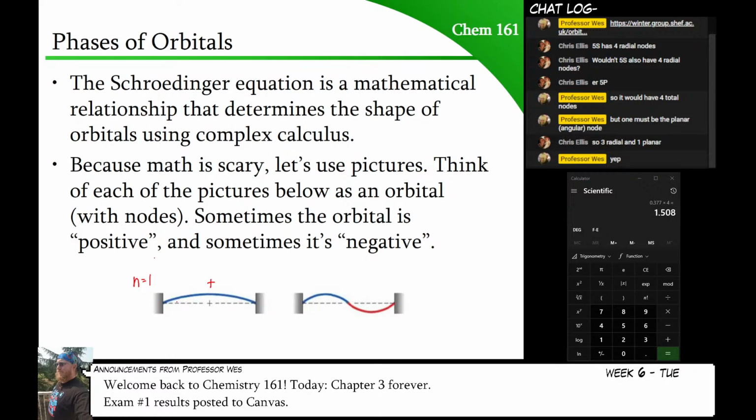But if I waited for a later instant, I could say, oh, okay, well, everything is negative, right? So it depends. It's arbitrary. I could rotate the whole thing 180 degrees. Now it's negative. Over here, I have two different phases. And so whenever I have a p orbital that looks like this, one of those is going to be in the positive phase, and one of those is going to be negative.